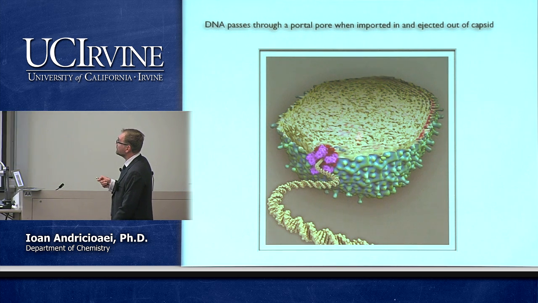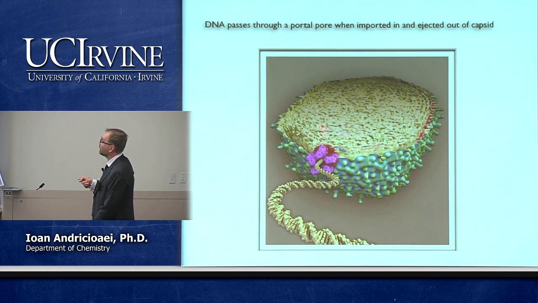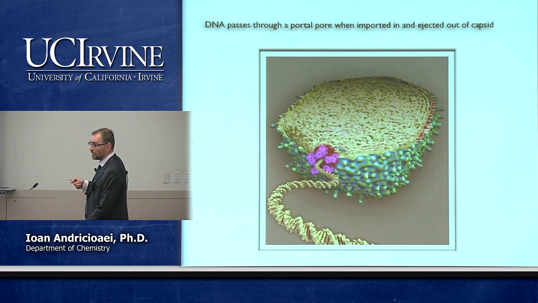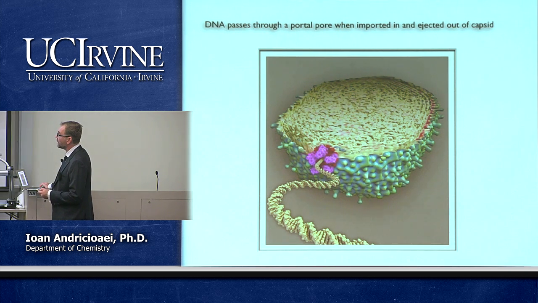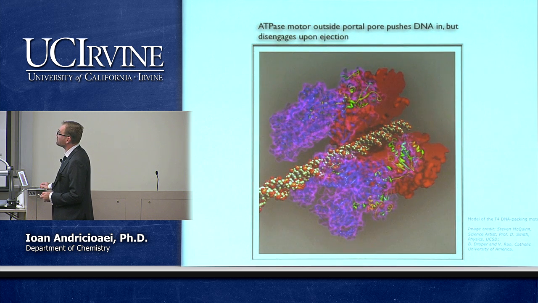This is a slice through a full viral head. You see that DNA is inside here squeezed at incredible compaction, and it has to get out when it undergoes infection, when it infects a cell, and so it gets out through this red ring here, that's shown in detail in this slide.